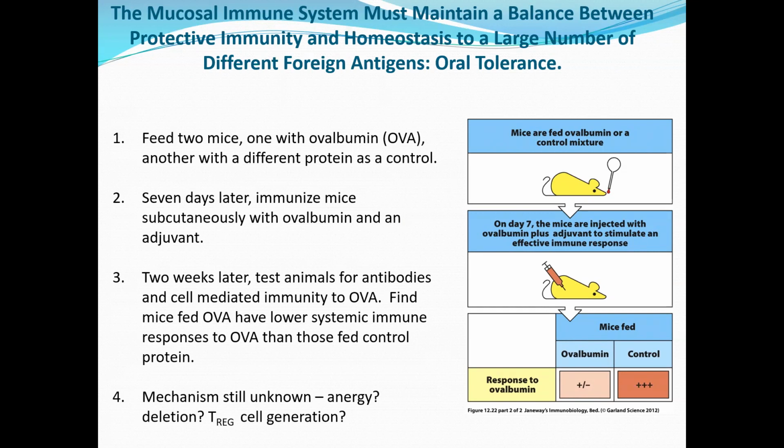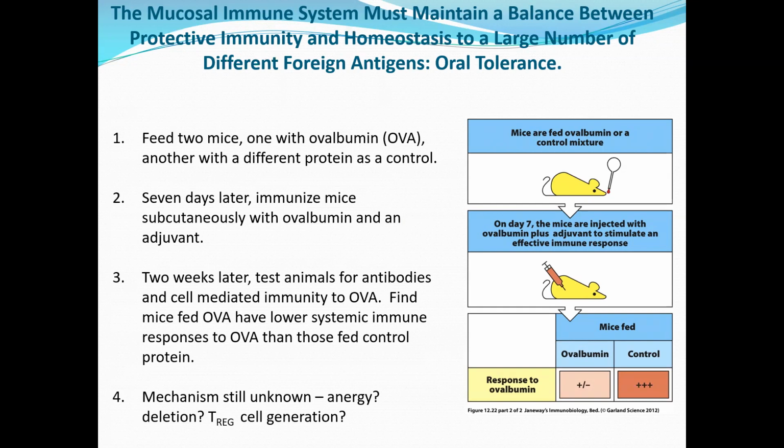And we find that the mouse doesn't produce antibodies, doesn't produce an activated immune system against ovalbumin. So the conclusion of this is that through oral exposure of this antigen, it allows for tolerogenic mechanisms such that the circulating or the systemic immune system does not react to the antigen.